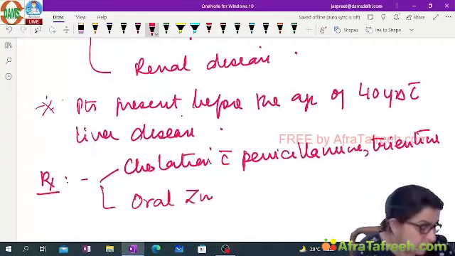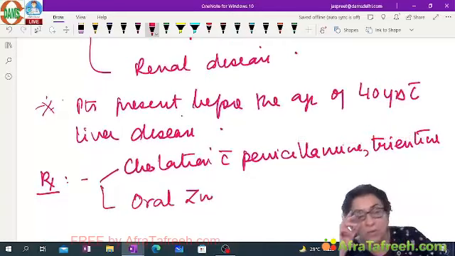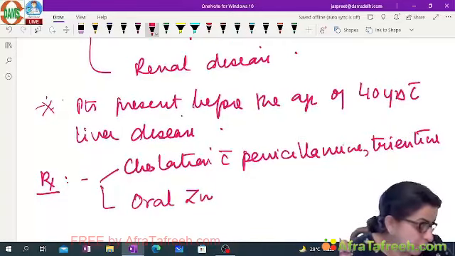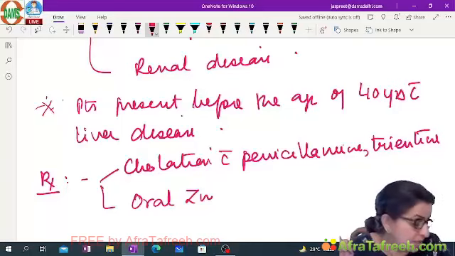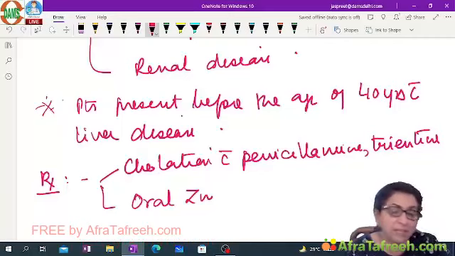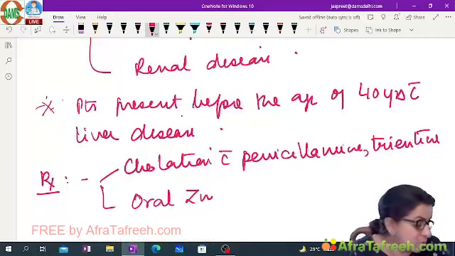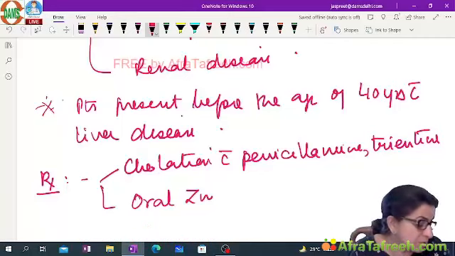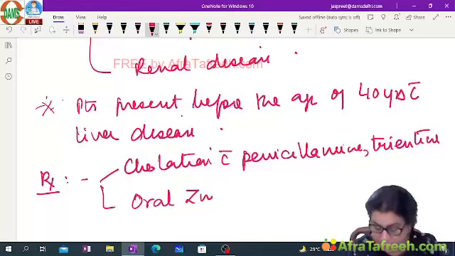Oral zinc competes with copper for absorption from the gut. So penicillamine and trientine are copper chelating agents, and oral zinc competes with copper for absorption. So this is about Wilson's disease.